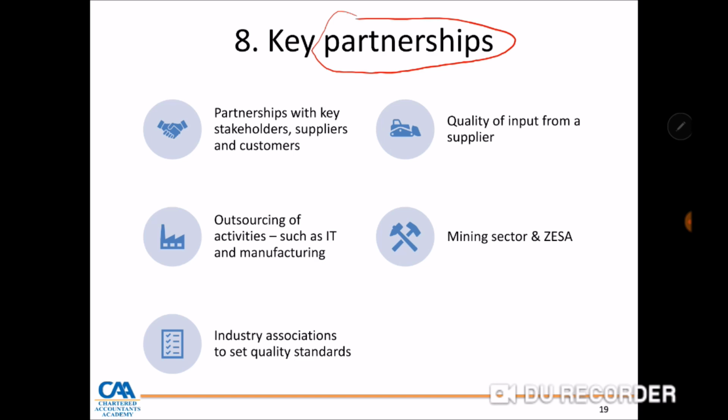Or if you look at entities operating in the mining sector, if ZESA struggles, they are also going to struggle because they are not going to have the electricity to power their operations. Or if I'm a manufacturing entity which relies on input from a supplier, that supplier is my key partner. If that supplier goes down, it means my supply chain is going to be affected.